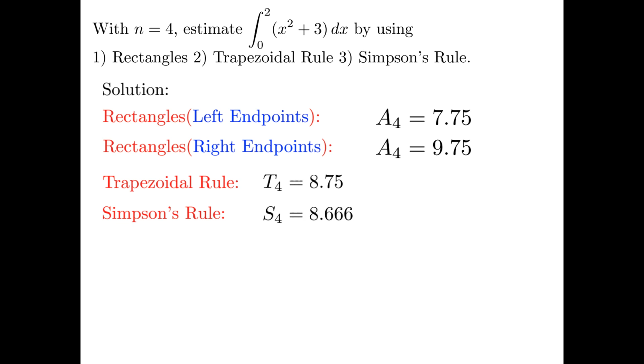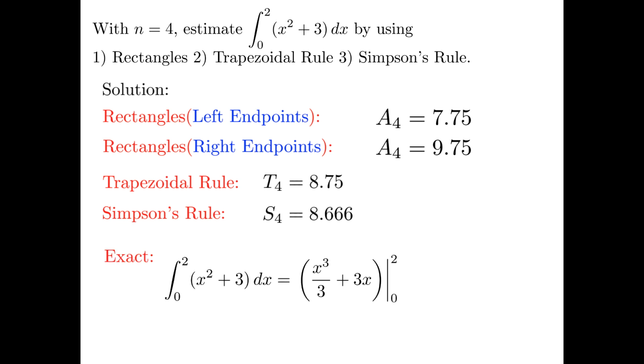Okay. What's the right answer? Well, if we do this with the fundamental theorem of calculus, plug in our antiderivative and plug in the 2 and the 0, you get 8 2/3, which would be 8.66666, and keeps going. So you see, Simpson's rule is by far the closest. In fact, Simpson's rule more or less got it exactly.